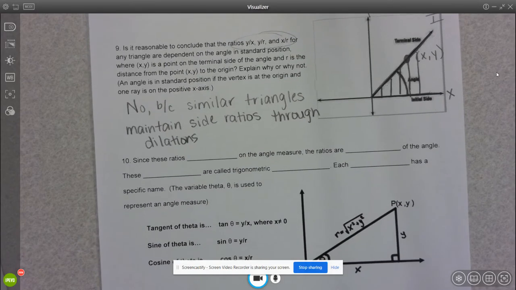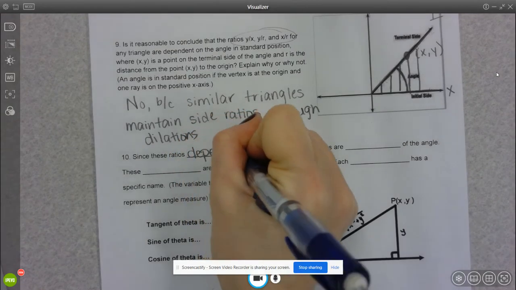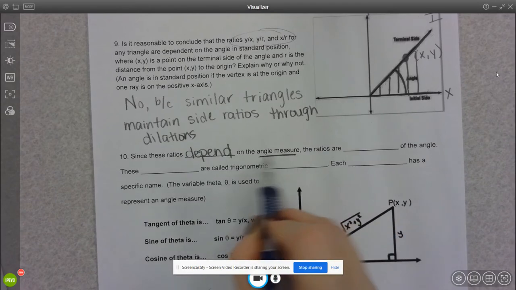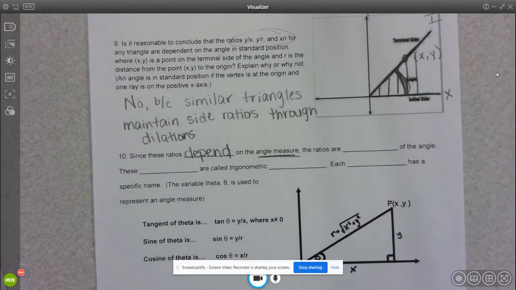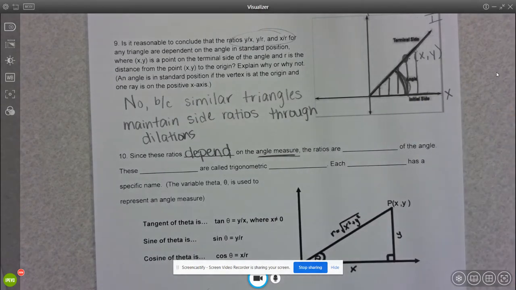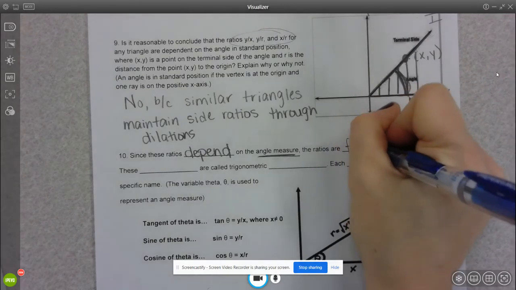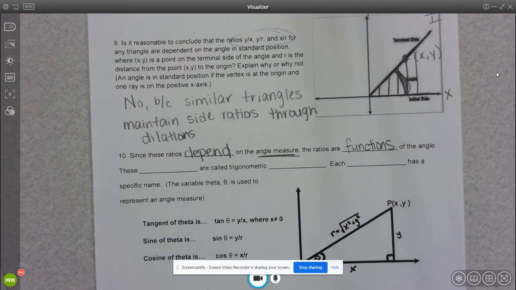So, since these ratios depend on the angle measure, my ratios depend on what this angle is, not where I place this point along this terminal side. So, the ratios depend on the angle measure, so these ratios are functions of the angles.